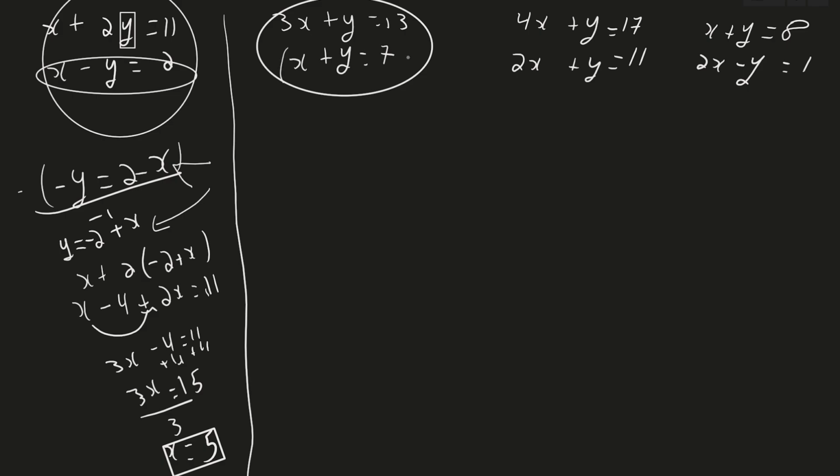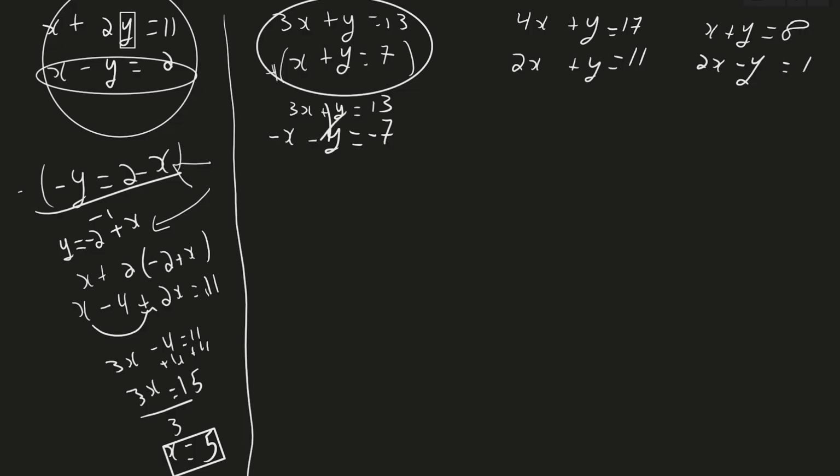If we multiply the bottom equation by negative 1, this will leave us with a negative y, which will be able to cancel out. So we get negative x minus y equals negative 7, and 3x plus y equals 13.